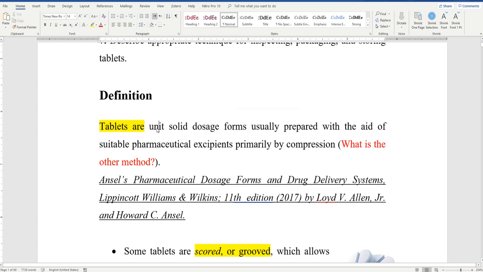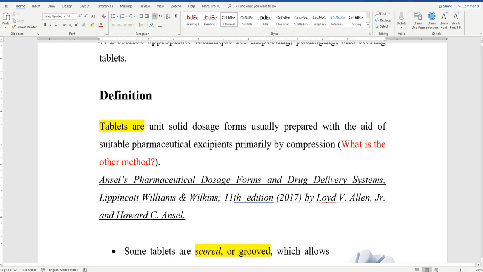And you already know why we call it unit. It's because each tablet represents a unit, and each tablet represents a dose of the drug. It's like divided powders. So we define tablets as a unit solid dosage form.